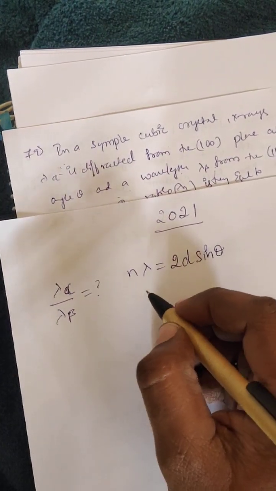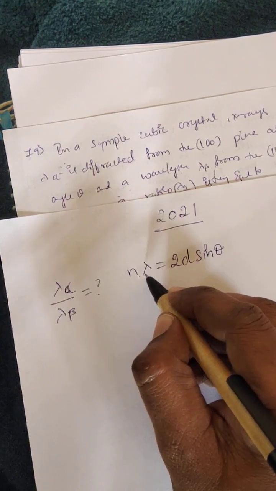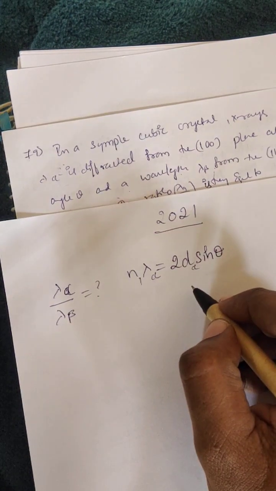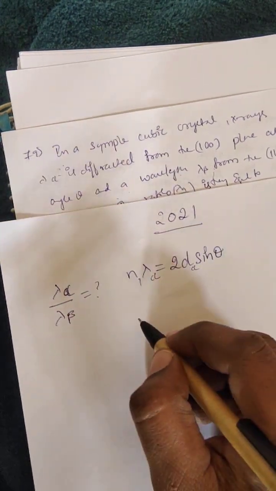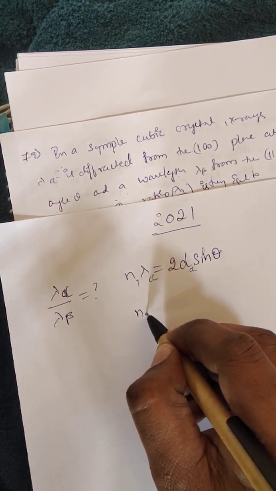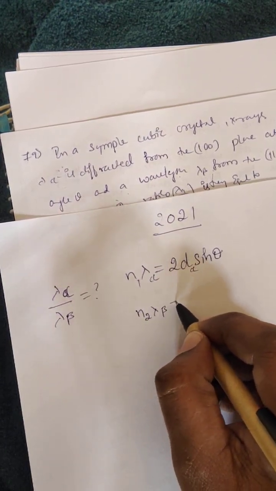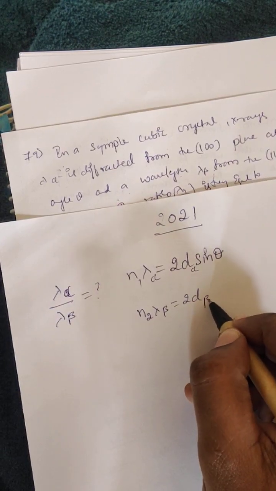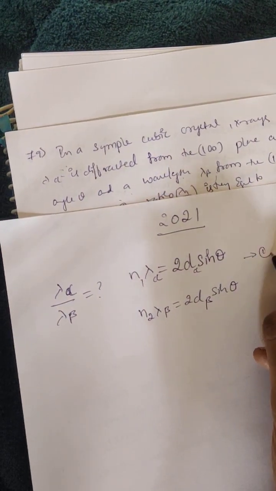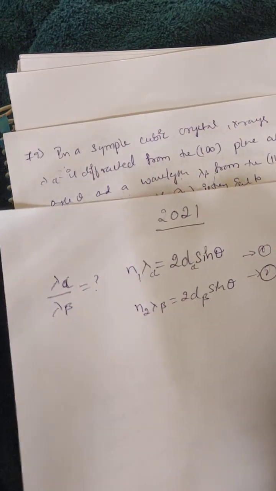So if this is n1 and this is alpha, then it is d alpha, remaining all other same. And also for the same, n2 lambda beta is equal to 2d beta sin theta. Let us consider this is equation number 1 and this is equation number 2.